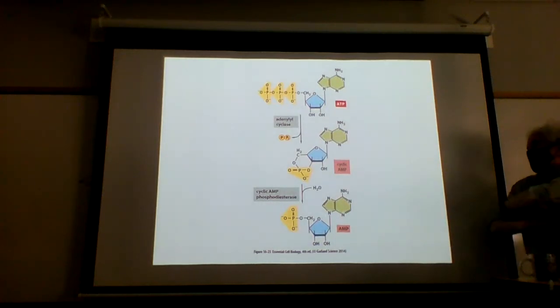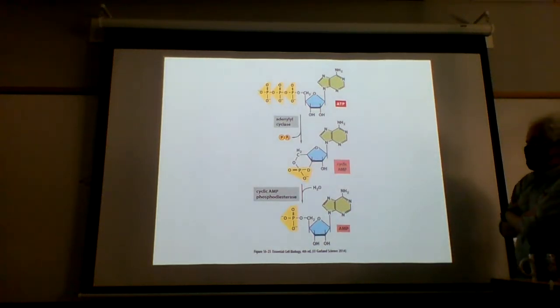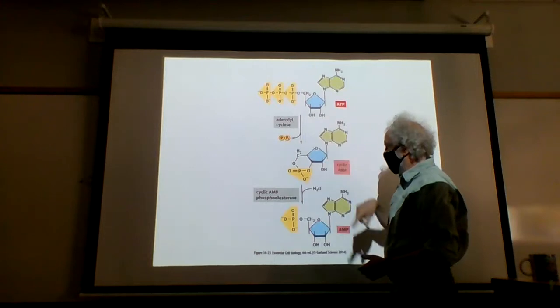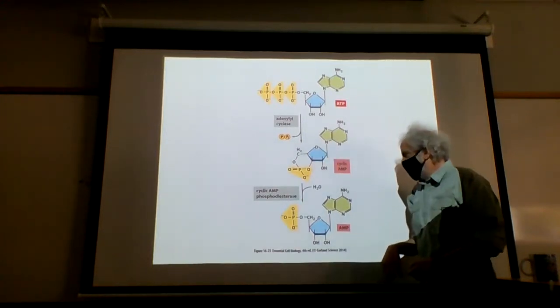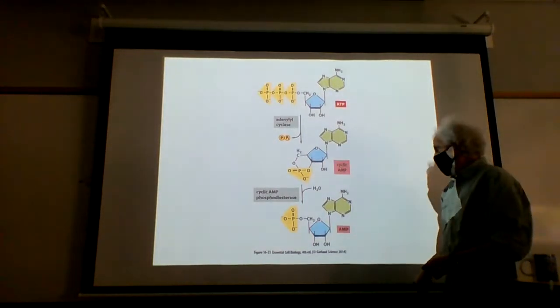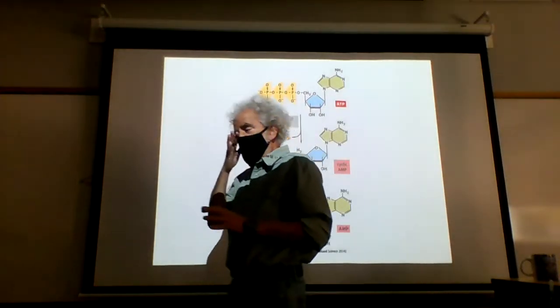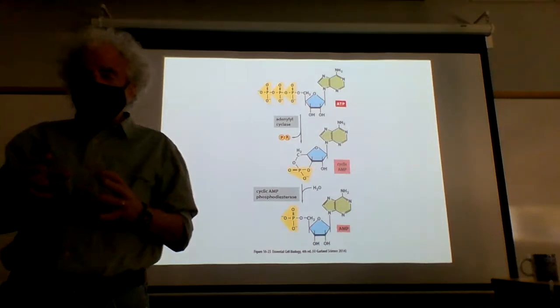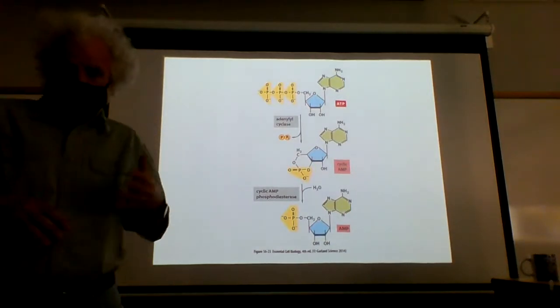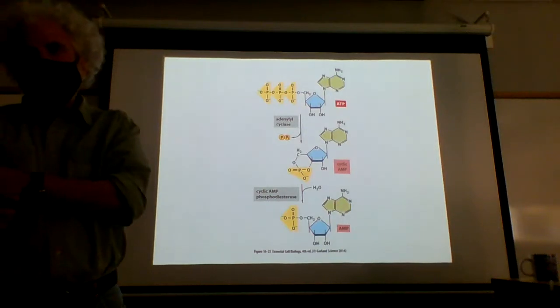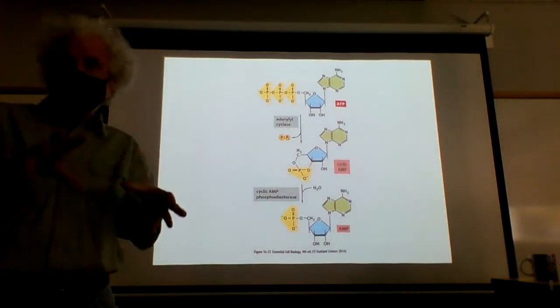Just as a diagram, here is ATP, and adenylyl cyclase is removing two phosphates and causing this cyclization, and you make cyclic AMP. Now, one of the interesting things, when we start talking about oncogenesis, is that we have to always have the tools by which we can silence these signals. So we've talked a little bit about kinases that add phosphates, and then phosphatases that remove phosphates.